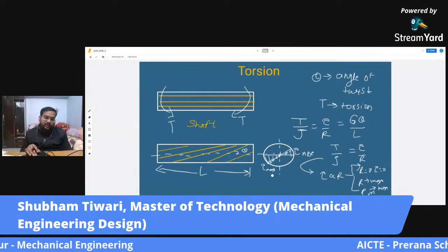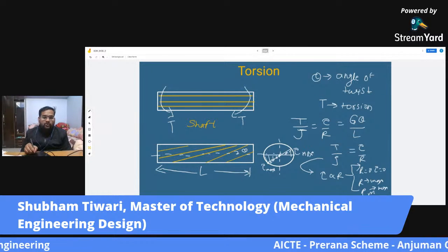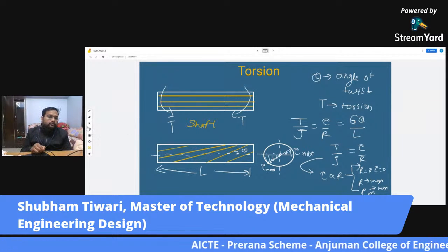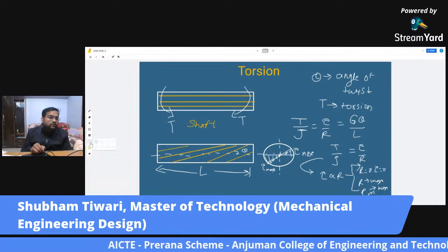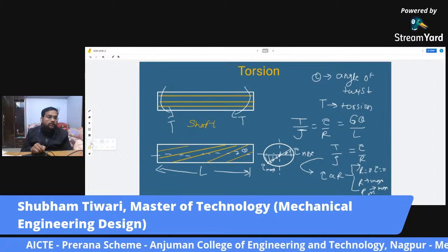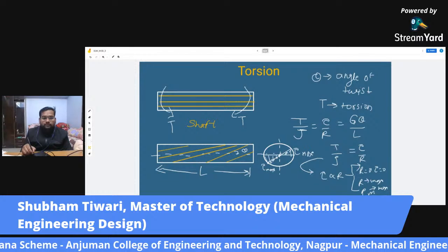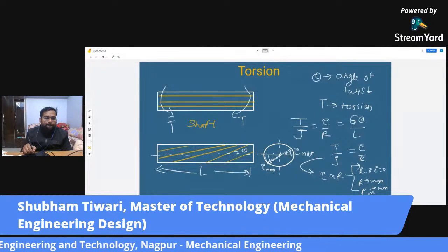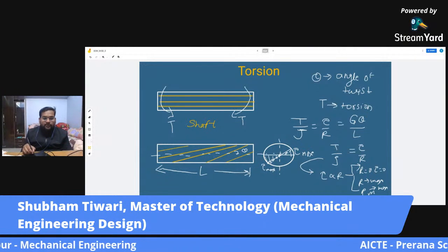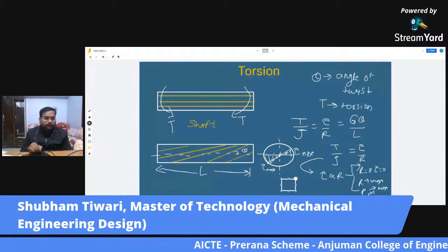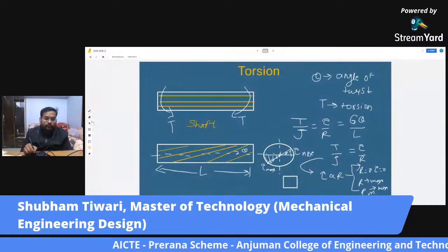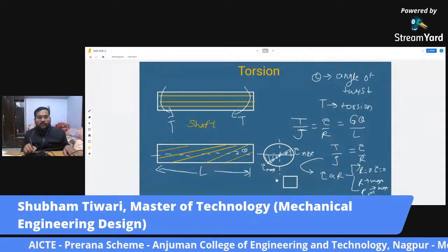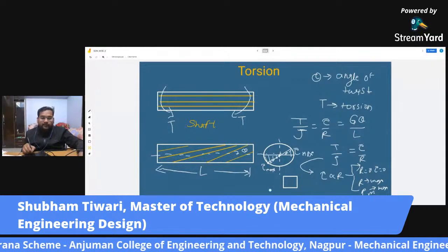It is a radial phenomenon. Now if I have to draw the stress element for this outer fiber, only shear stress is acting on this shaft.